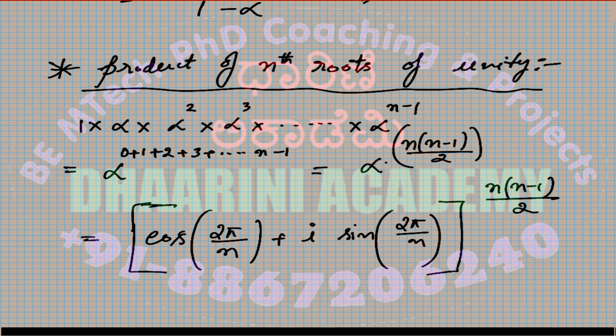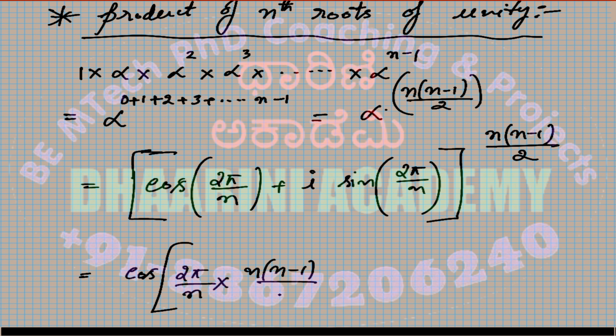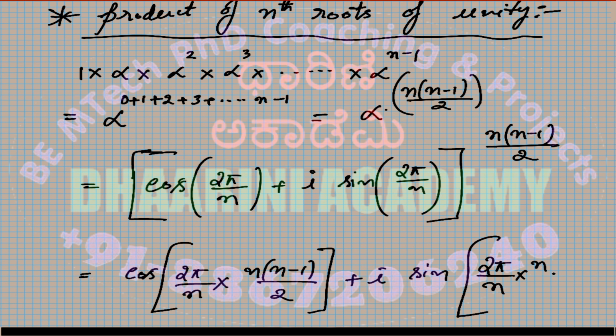So that means this is equal to cos of, there is already 2 pi by n, I'm going to multiply n into n minus 1 by 2 to this, plus there is I times sine of, once again, 2 pi by n into n minus 1 by 2.